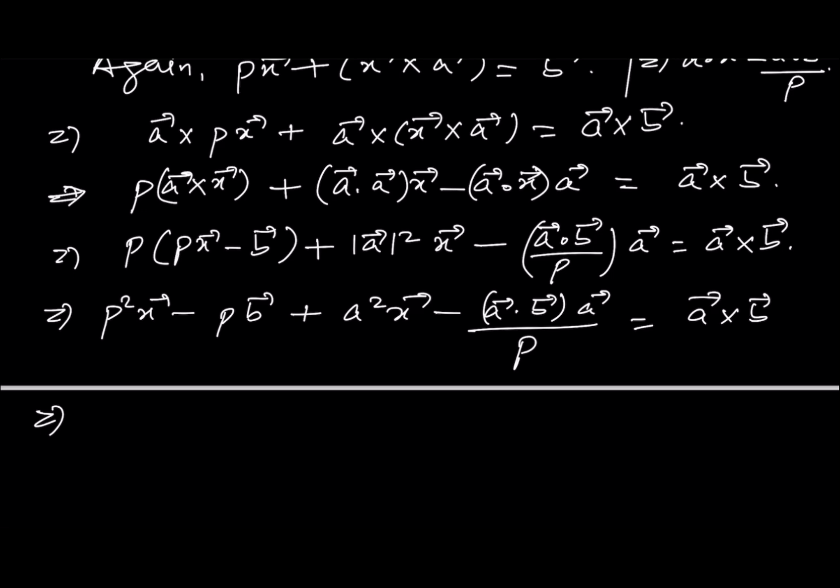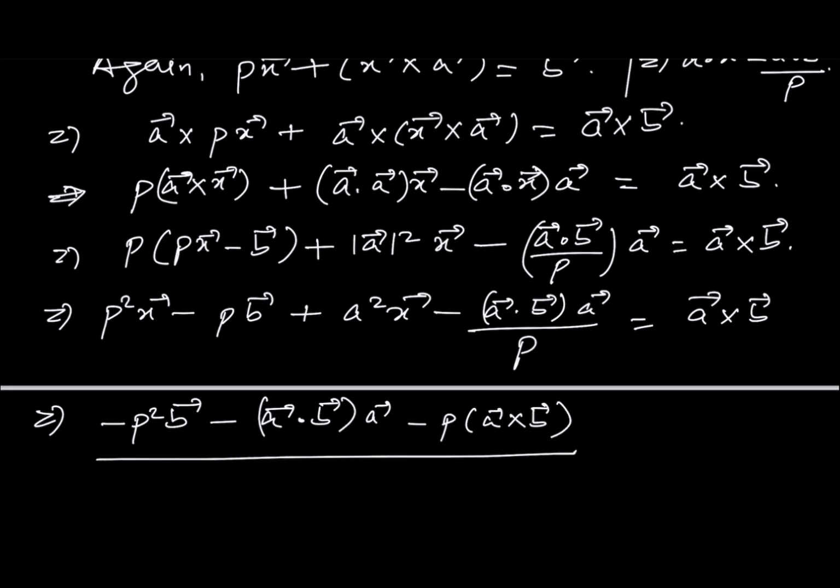So this will be minus p square B minus A dot B times A vector minus p times A cross B by p is equal to minus p square x minus A square x.